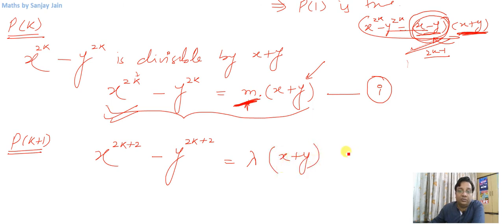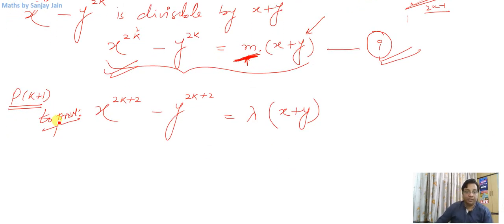This is what we need to prove, and we will use this to prove this. So how do we use it? By manipulating this expression and bringing it in some form which will help me to use equation number 1.